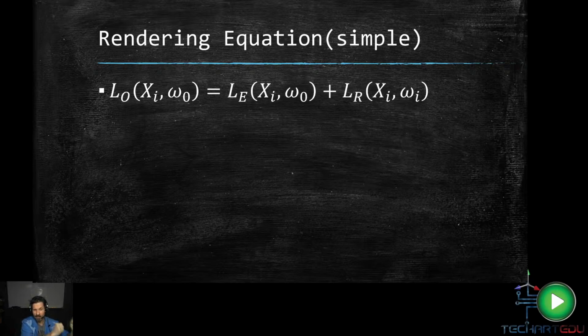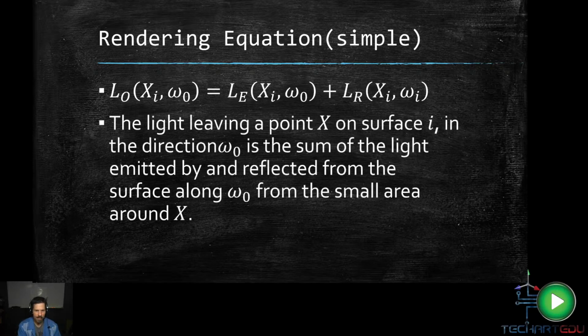And so this statement says that the light leaving point X on a surface in the direction of omega 0 is the sum of all the light emitted by and reflected by the surface along omega 0 from the small area around X.